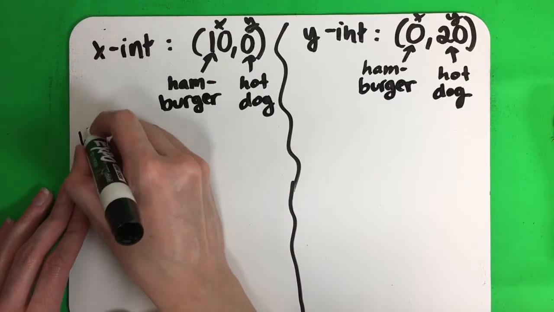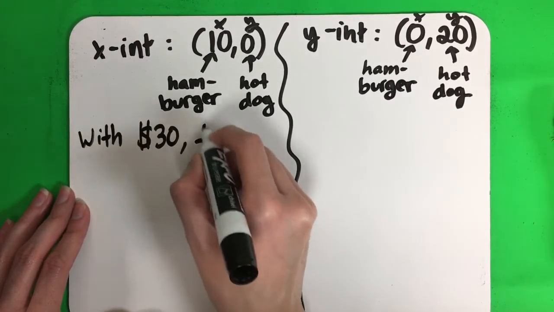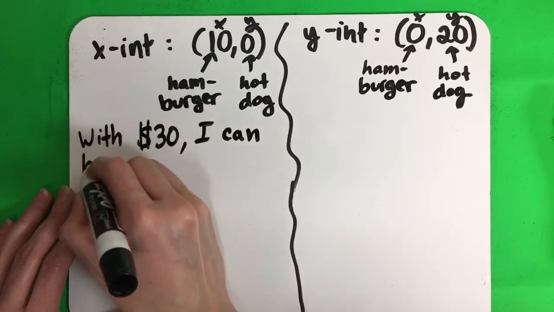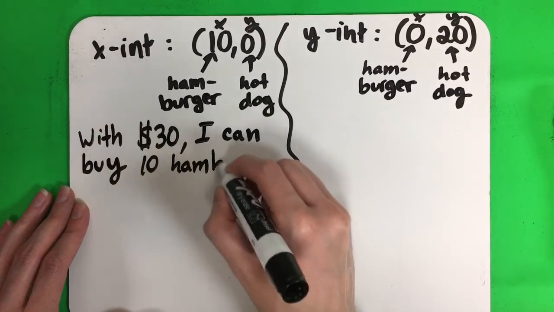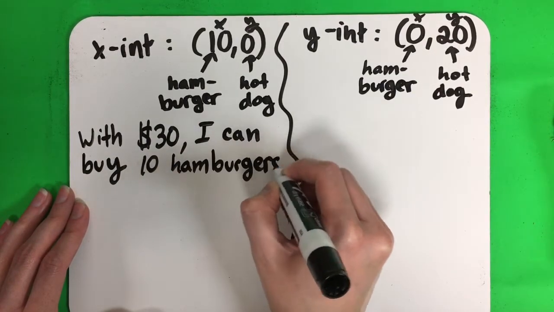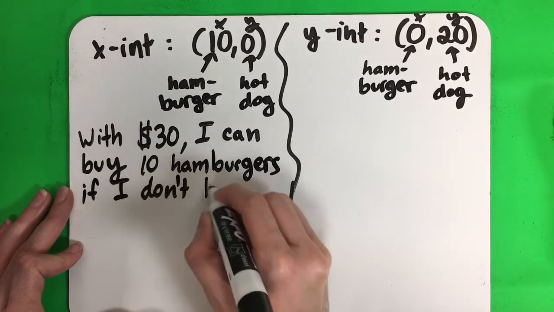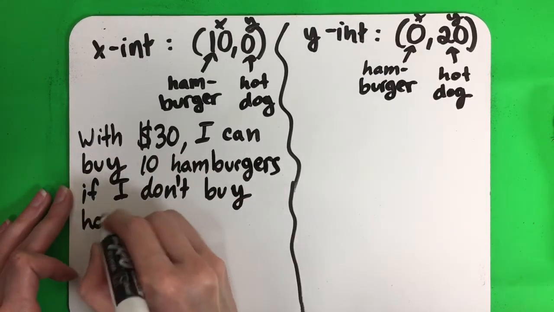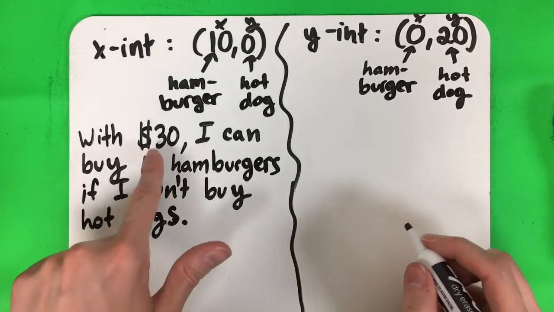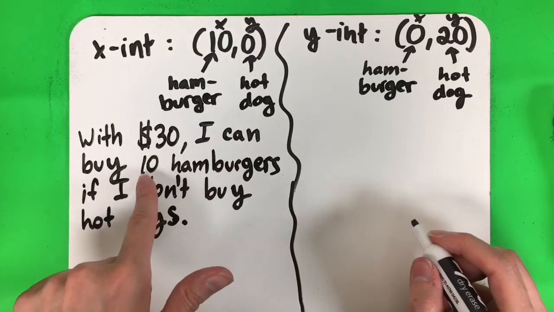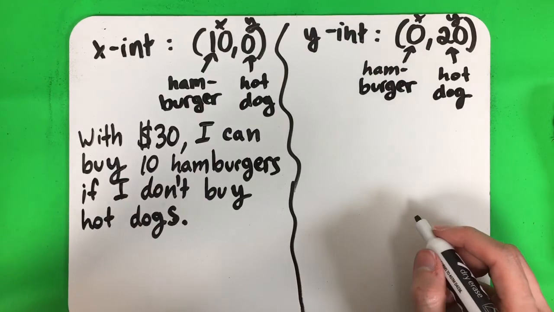So with $30, I can buy 10 hamburgers if I don't buy hot dogs. Con $30 puedo comprar 10 hamburguesas si no compro hot dogs.